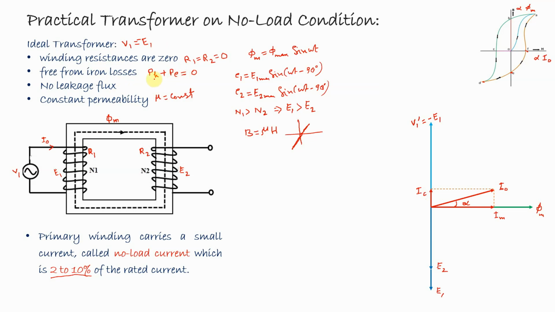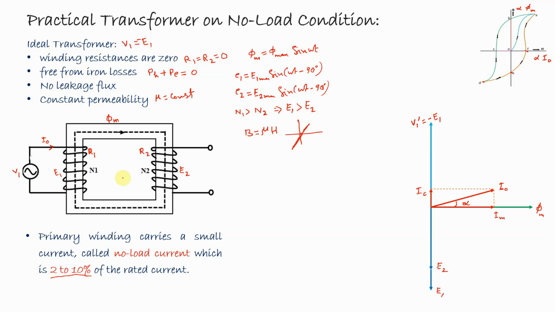We know that the hysteresis loss is because of the hysteresis loop, and we have also discussed the eddy current loss. If we represent these two losses in terms of current and the resistance of the core material, then the current is considered as IC. This is called the core loss component of the primary current.